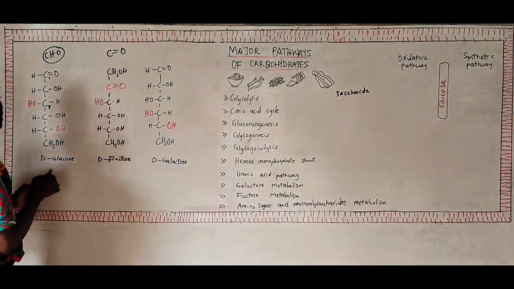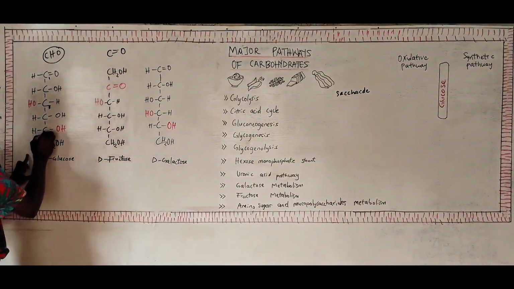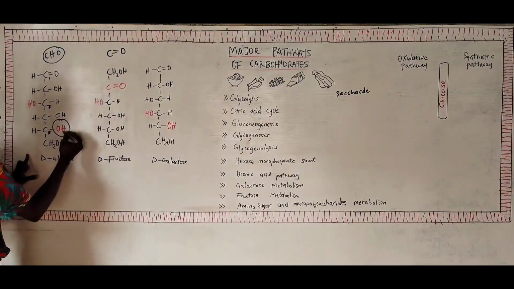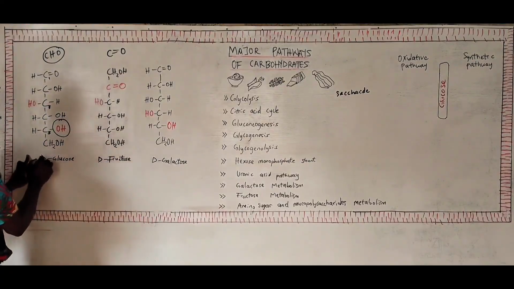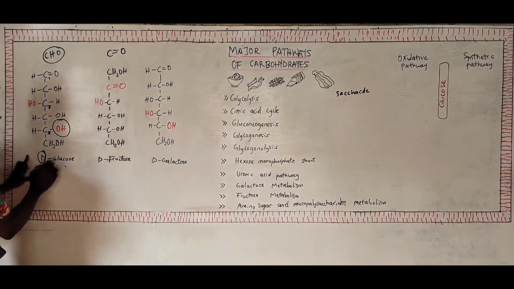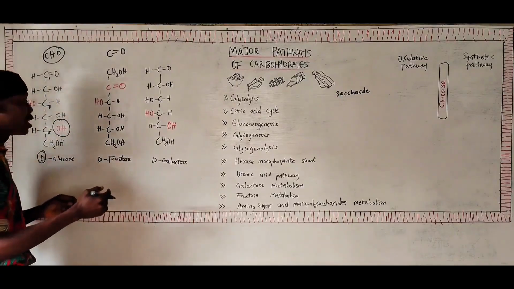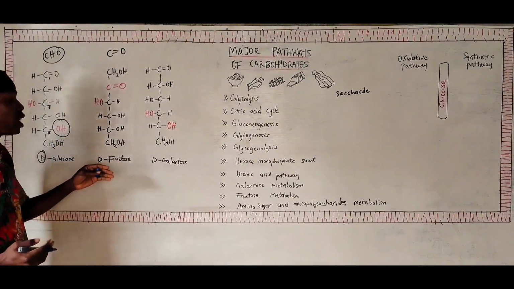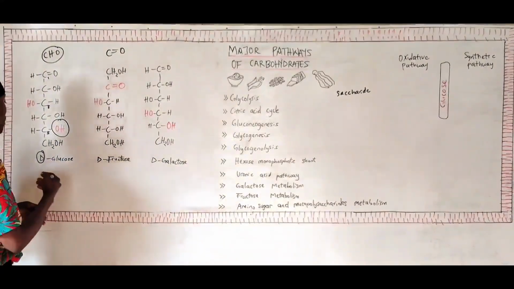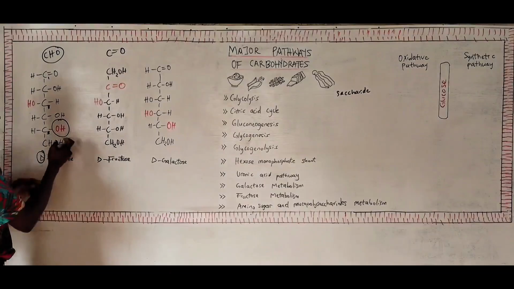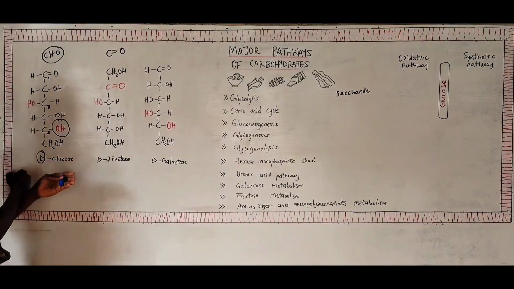All right, and at carbon 5, you can see that this OH is at the right. So, that makes it D-glucose. D means dextrorotatory. That is, it rotates to the right. If this OH rotates to the left, it will be L-glucose.